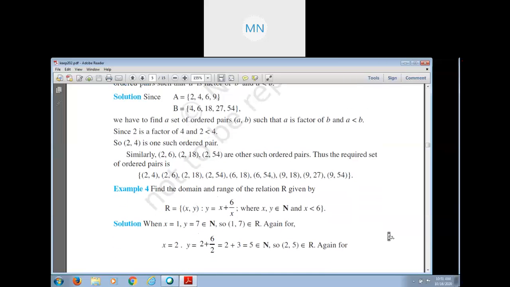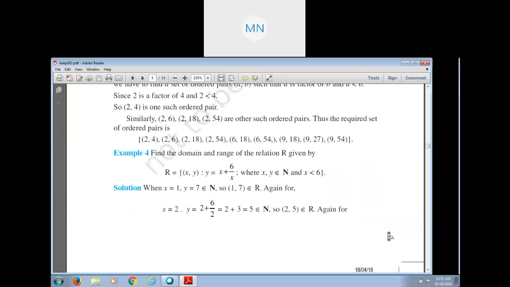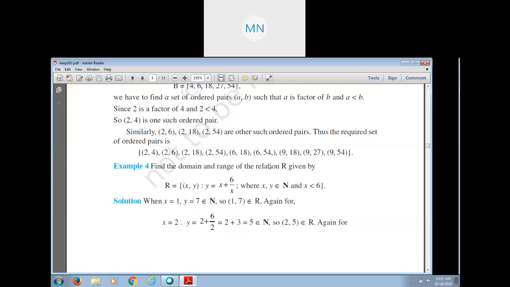And see the next example. Find the domain and range of the relation. The relation is given by this one: the set of (x, y) such that y = 6 by x, where x, y are natural numbers and the condition is x is less than 6.